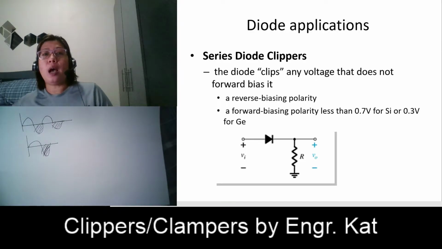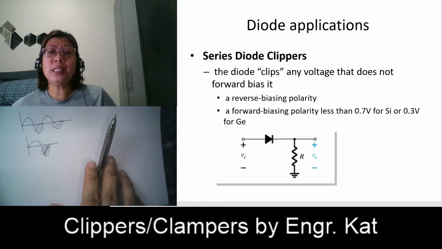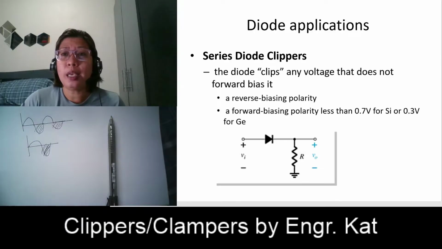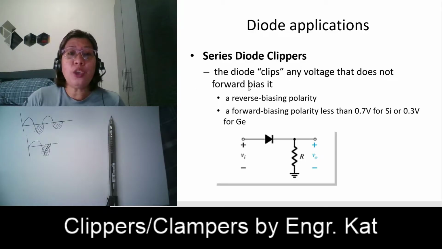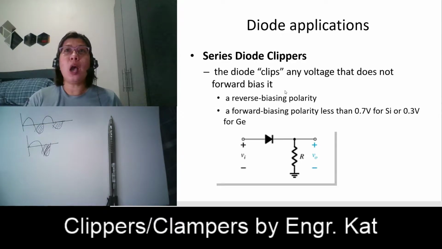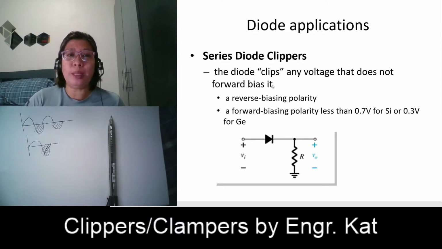For a series diode clipper, the diode is usually in series with your load resistance. The diode clips or removes any voltage that does not forward bias it. How do we know that the voltage will not forward bias your diode? First, if you have a reverse biasing polarity, which happens when your input signal reverses and becomes minus and plus, that reverse biases the diode.